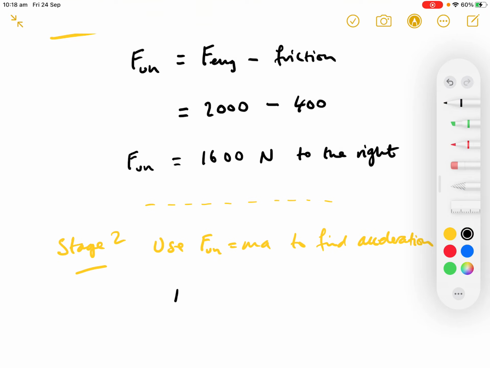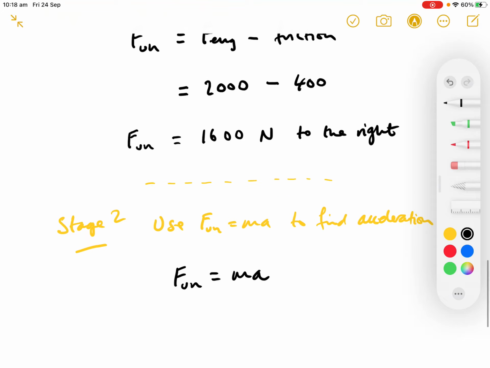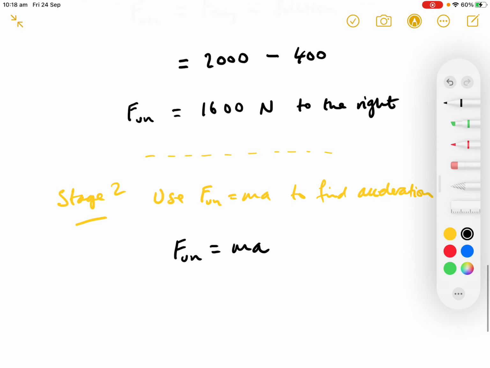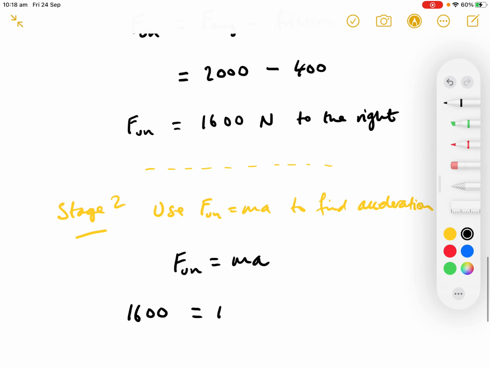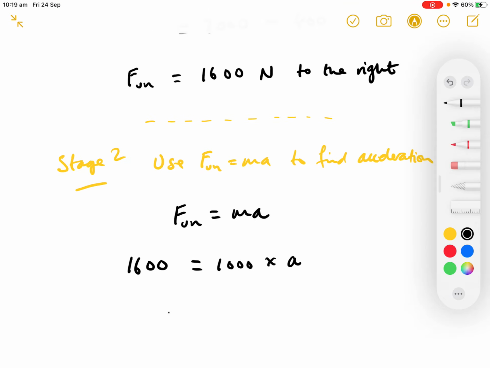So we can now write our expression of Newton's second law. We now know the unbalanced force is 1,600. The mass of the car is 1,000. And the acceleration is the only unknown. So we rearrange.